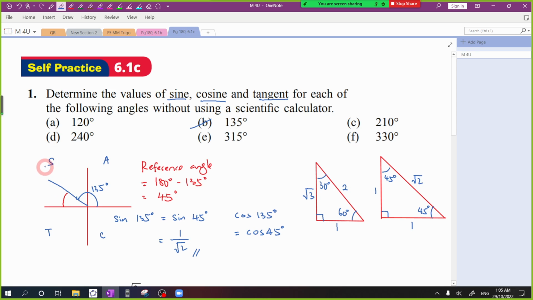In this quadrant, only sine is positive. We are now talking about cosine, so we should add a negative sign. Okay, negative sign, you just copy it. For the cosine 45 degree, refer to this triangle. CAH.